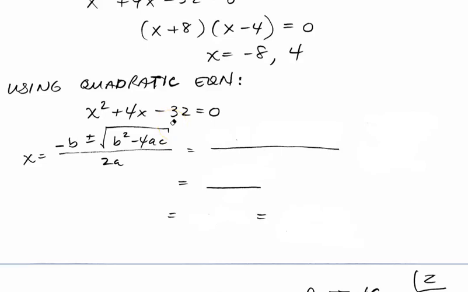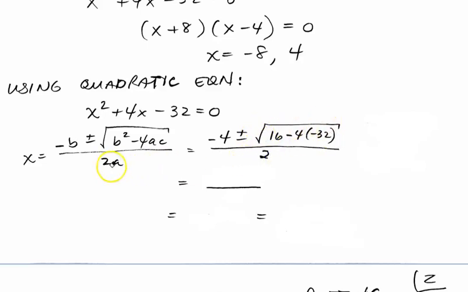So the way that this breaks out for us here is that a is equal to 1, b would be equal to 4, and c would be equal to negative 32. So here's our minus b, so minus 4, plus or minus, and then we've got our radical, 16, which is b squared, so that's 4 squared, minus 4 times a, which is 1, and c, which is negative 32. So that's all underneath the radical there.